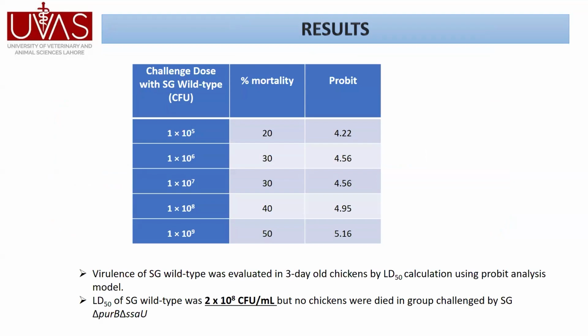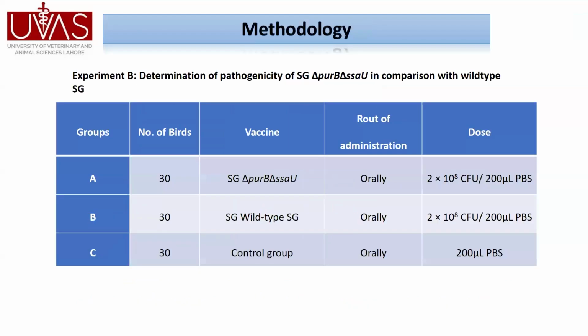We calculated that Salmonella Gallinarum wild type, without any changes, causes 50% mortality when given at 2 into 10 to the power 8 CFU per ml. So that was the LD50 of this organism which we calculated ourselves. Now we compared it: we used the same dose, 2 into 10 to the power 8, of the wild type and of the mutant.